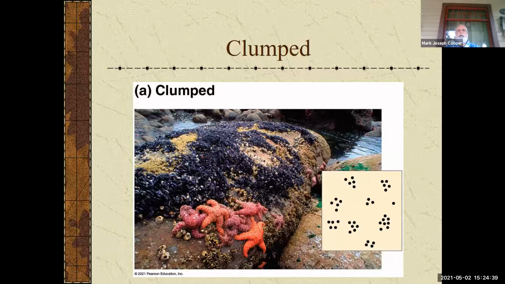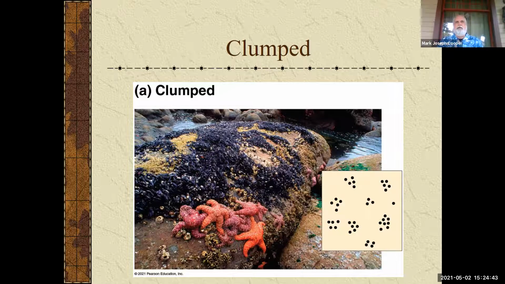Now, this is kind of an interesting idea, and I taught an ecology class at Cal Poly. And one of the labs we did was maybe annoying to the students, but we had particular organisms on a map and asked if they were clumped or random or uniform, and they had to do some calculations.